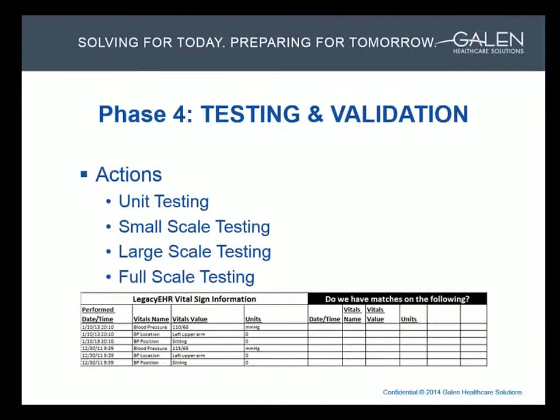We have also done conversions where large-scale testing consists of selecting a large sample population, usually a percentage of the overall patient population. We typically select patients with large amounts of data in their charts, so we'll have more to test with. Large-scale testing will involve the clinical analyst as well as the client. Usually the core project team will help with the testing as well, such as clinical users, physician champions, or super users.